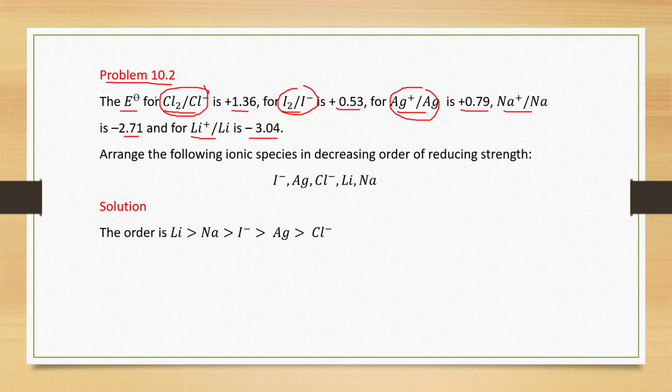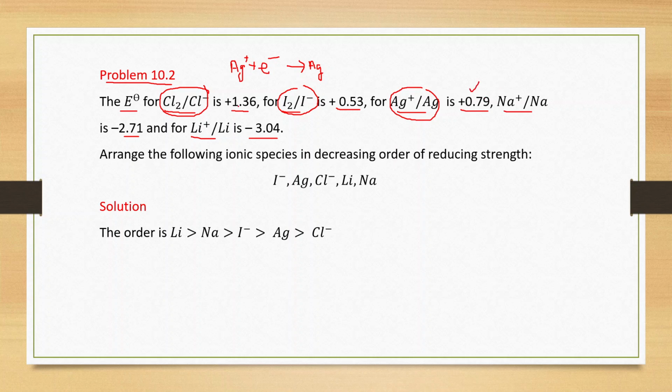To determine the electrode potential, the reaction is always represented in the reduction form. So if this is Ag+, then it will gain an electron and convert into Ag. For this, the reduction potential, the standard electrode potential, is given.